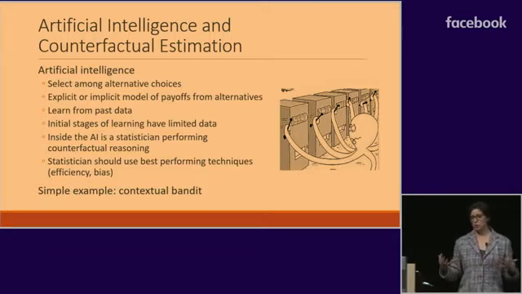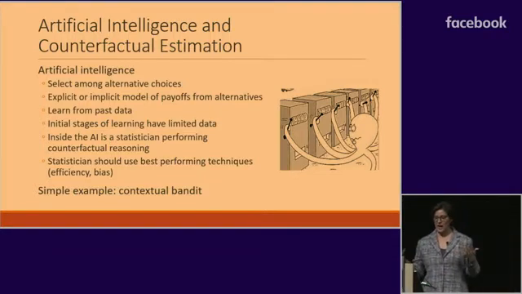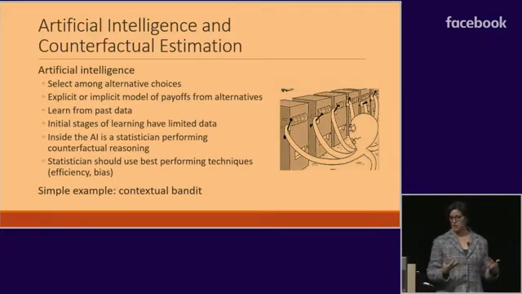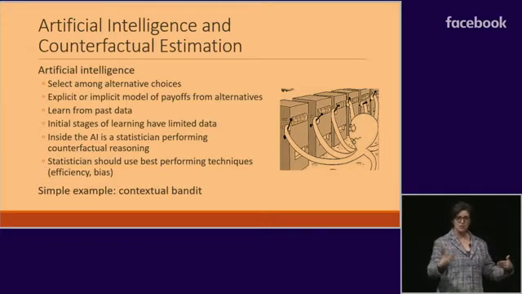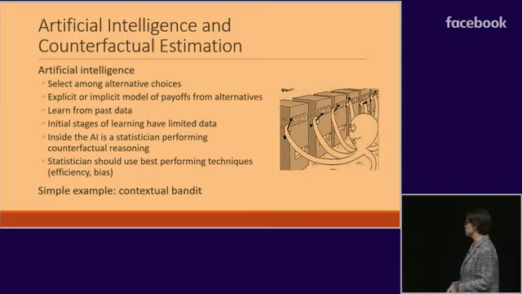So I would argue that inside every AI of this type is a statistician performing counterfactual reasoning. You haven't necessarily written it down or spelled it out, but that must be what you're doing, unless you just programmed all the heuristics in to start with. But an AI that's exploring and learning about the world is going to be building a model from its past data and drawing inferences about the best action to take in the future.